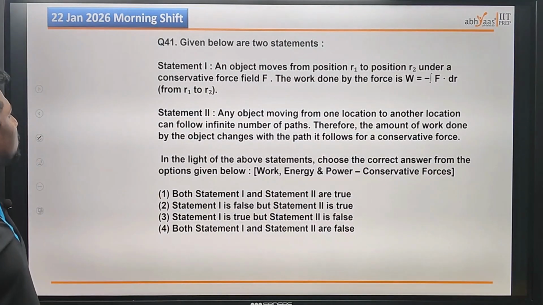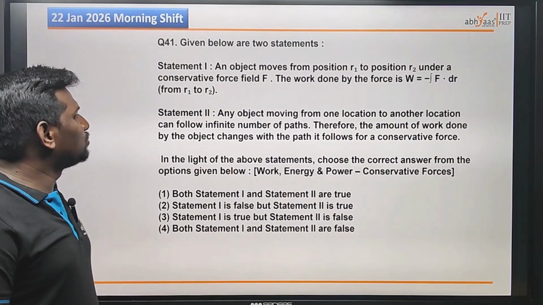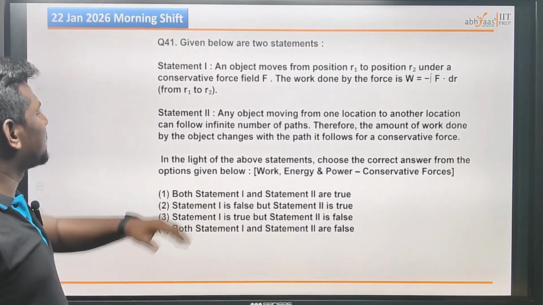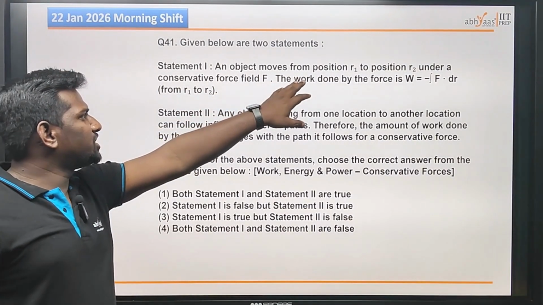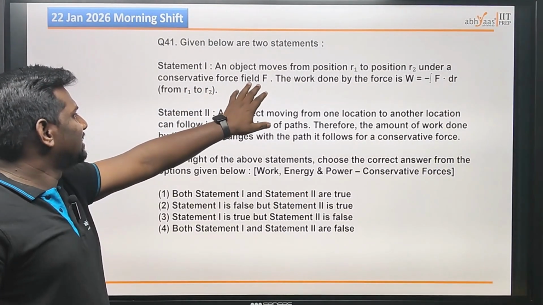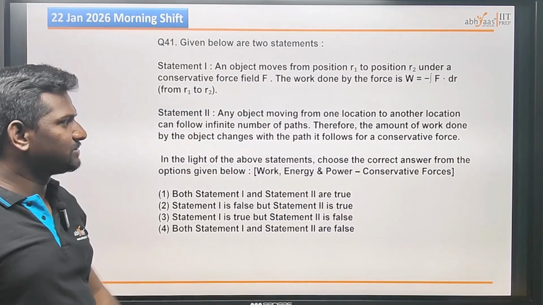So next one, see here, question number 41, given two statements, a statement based question again. What they are asking: an object moving from position R1 to R2 under a conservative force field F, the work done by the force is.